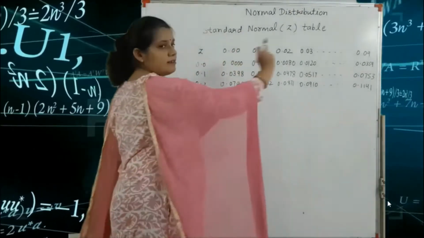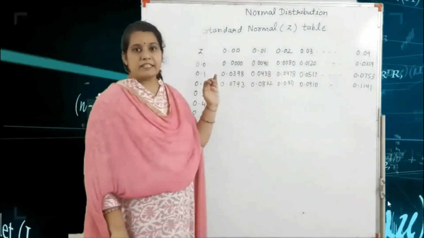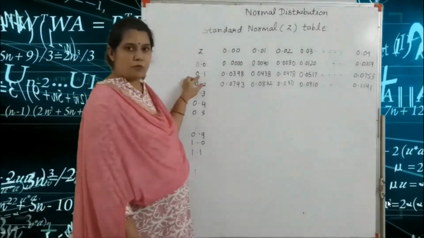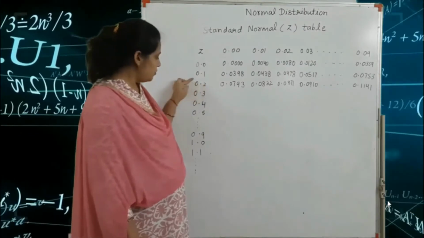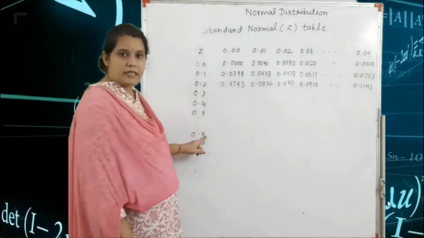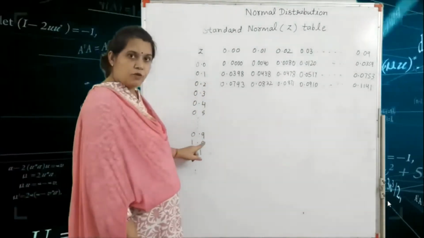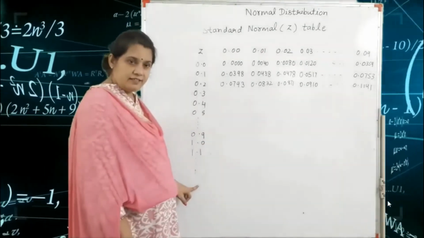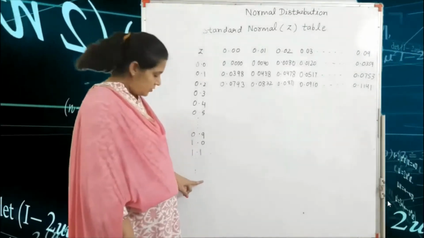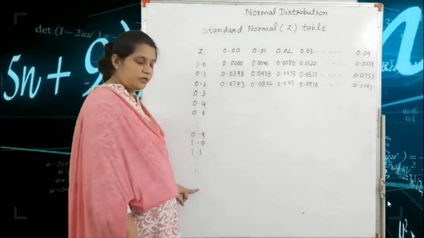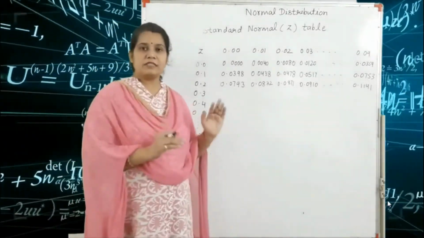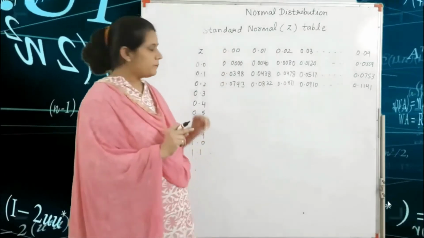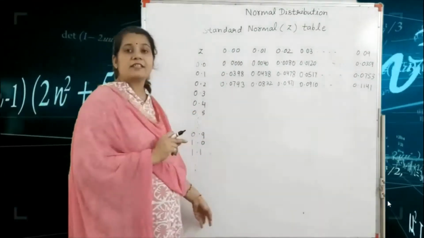These are the values, and in the first column, the first term is 0.0, second is 0.1, 0.2 up to 0.9, next is 1.0, 1.1 up to 1.9, 2.0, 2.1, 2.2 up to 3.0. That means the last number across is 0.09 and in the vertical form the last is 3.0.